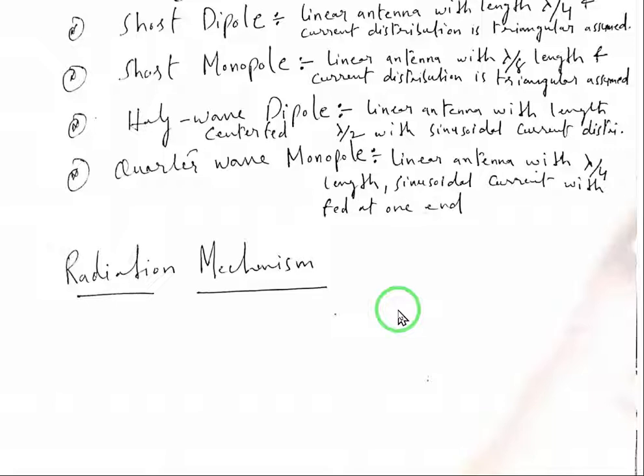So we will discuss it. I'll try to explain it in my words. If you remember, I told you at the start that an electromagnetic wave is the combination of electric and magnetic fields, and these electric and magnetic fields are created from the time varying current, or the continuous change in current, and that current is induced from the voltage, and that voltage comes from a source. So first we have a source that is generating a voltage.